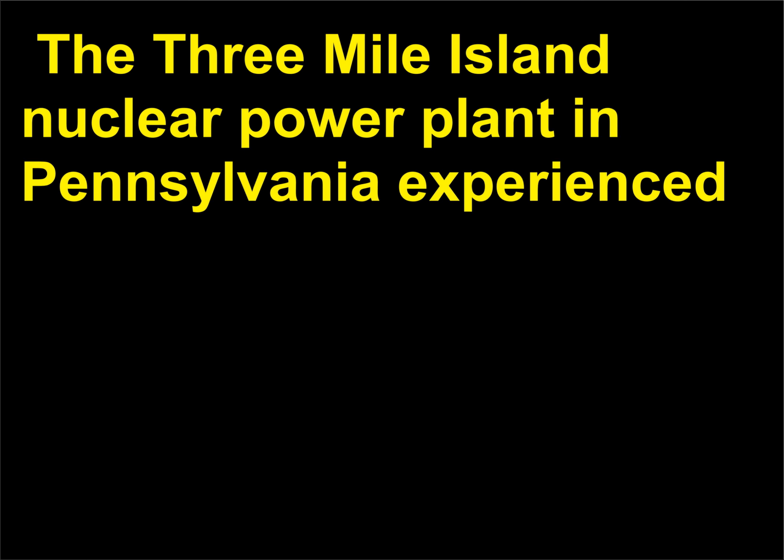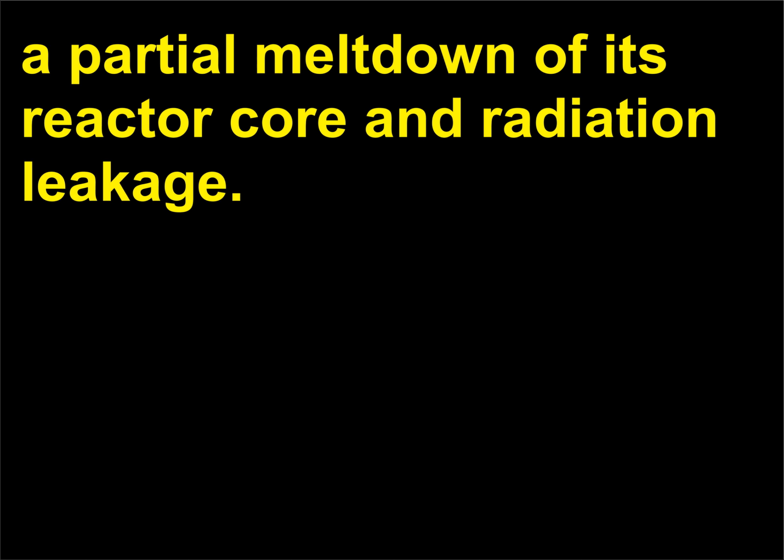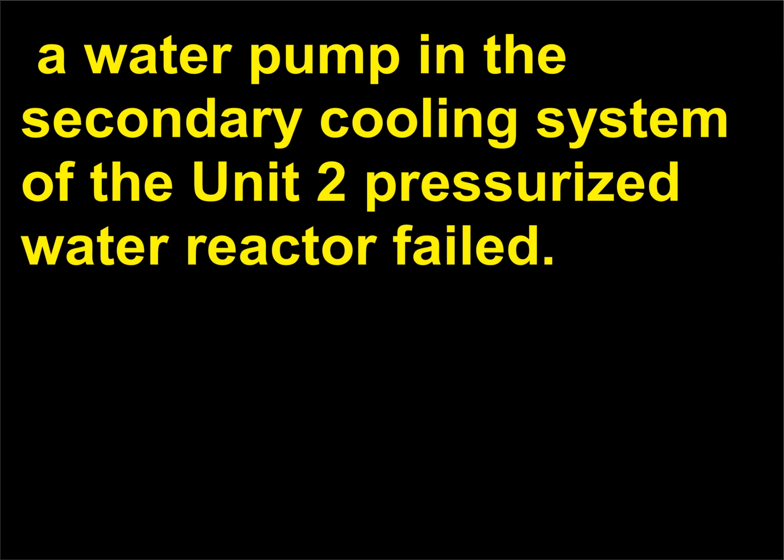The Three Mile Island nuclear power plant in Pennsylvania experienced a partial meltdown of its reactor core and radiation leakage. On March 28, 1979, just after 4 a.m., a water pump in the secondary cooling system of the Unit 2 pressurized water reactor failed.